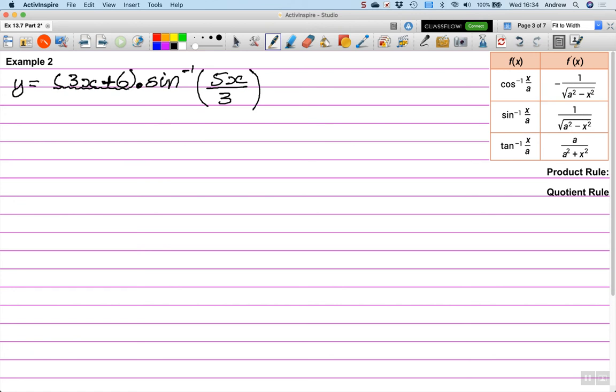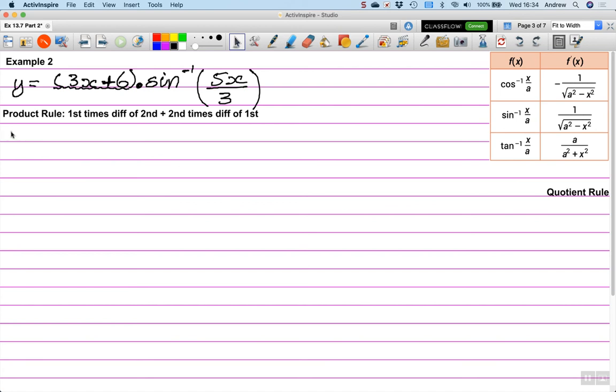Once again, we know it's the product rule and some multiplication, so we are going to be using the product rule. So in our heads, we know it's going to be the first times the differential of the second, plus the second times the differential of the first.